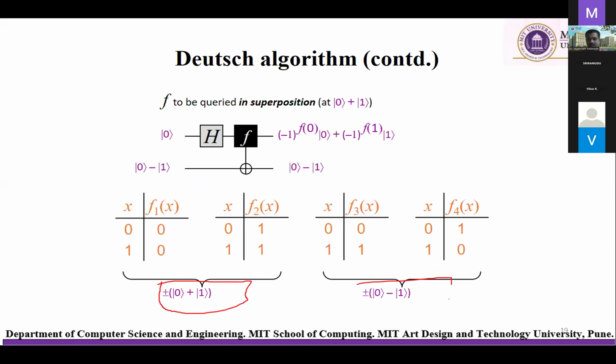And if there is a plus minus, ket 0 minus ket 1, then the system, or that particular function, is a balanced function.